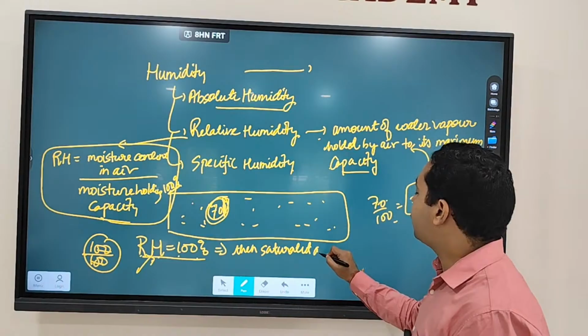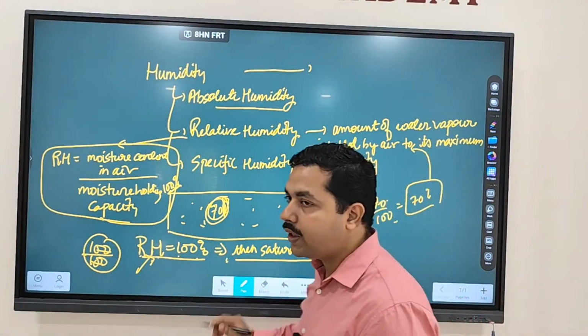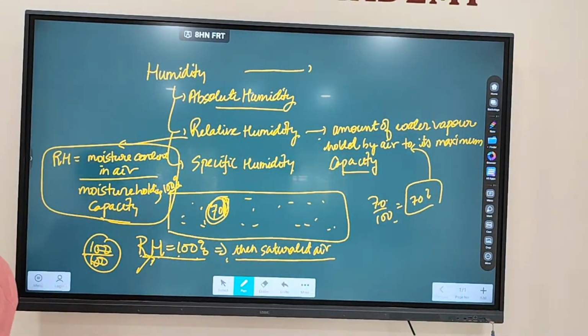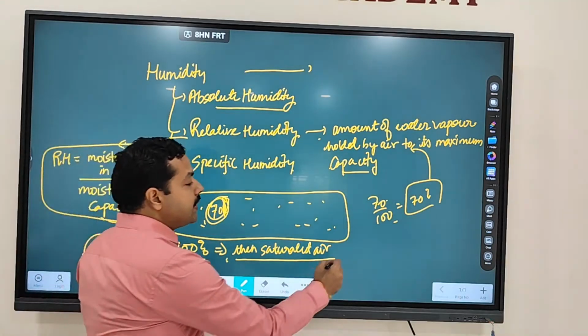When air holds moisture to its maximum capacity, such air is called saturated air.